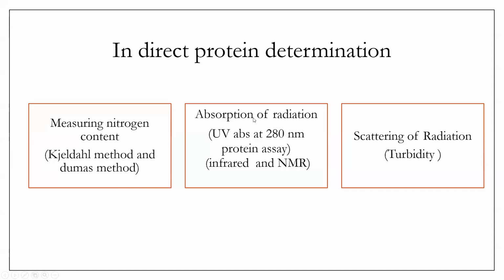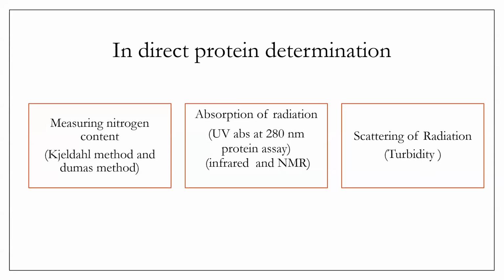Now comes the absorption of radiation. You all know that there are certain protein assays, such as UV absorption. Certain aromatic amino acids have a property of absorption at 280 nanometer, and this helps in the estimation of protein content.